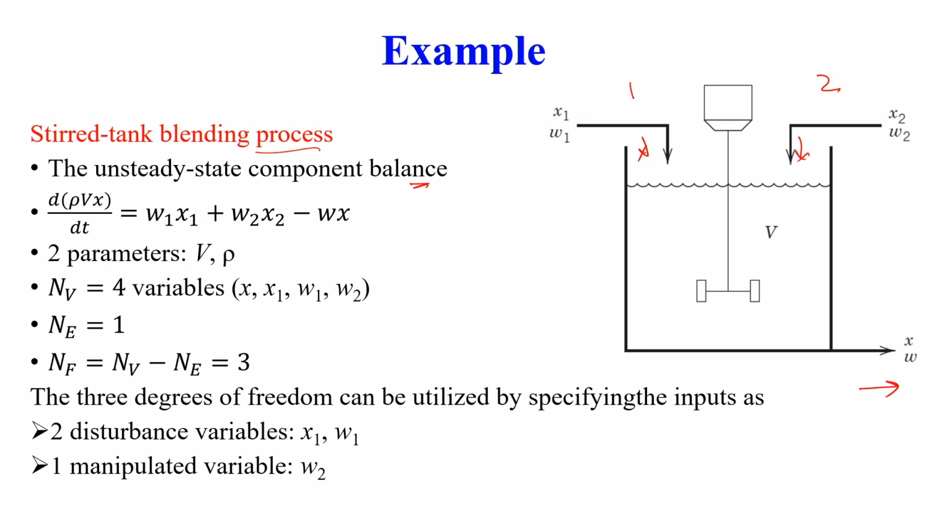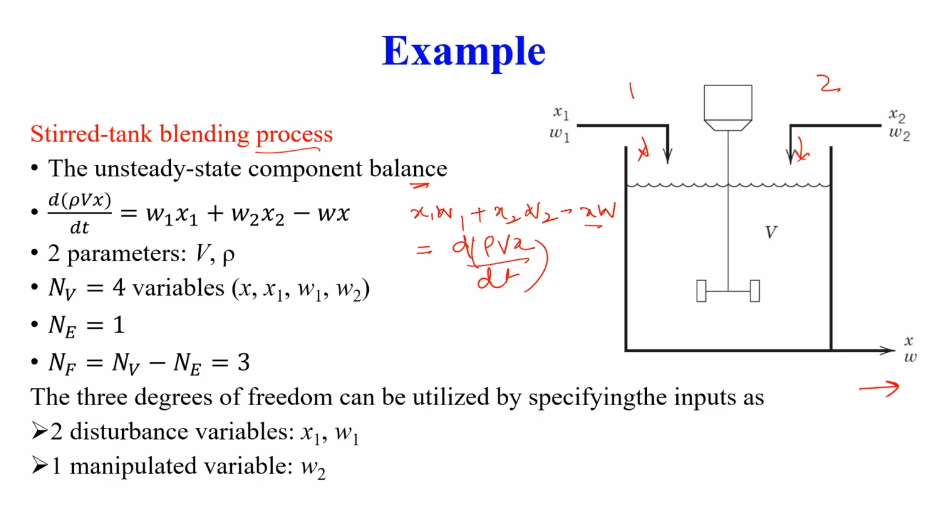So in the case of unsteady state, what is the inlet? x1 w1 plus x2 w2, minus what is the outlet? x into w, and for the time being, assuming there is no generation and no consumption, then this will be equal to the rate of accumulation, that is defined as d(ρVx)/dt. So this is the rate of accumulation, this is inlet and this is outlet.